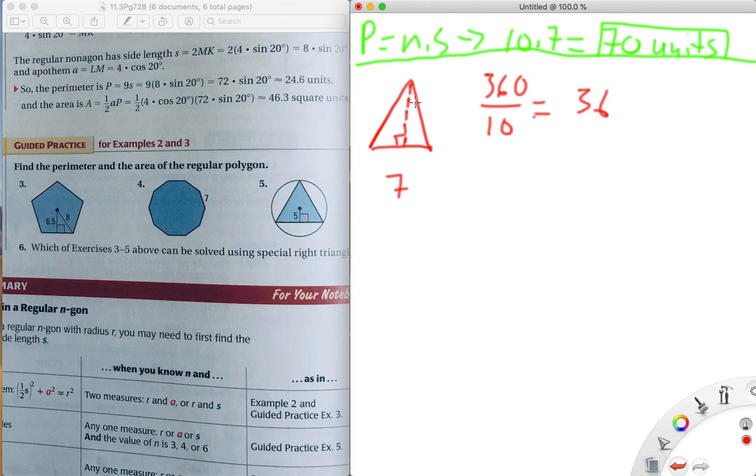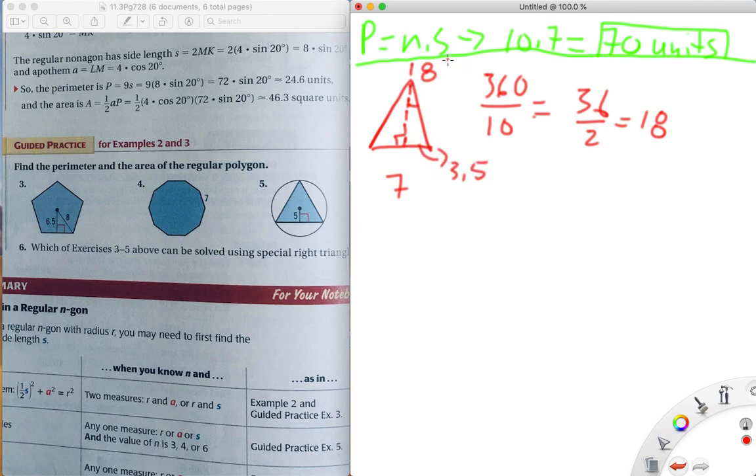Alright, so I'm going to divide this in half, so this is going to be 18. So now I have an 18 right here. I'm going to cut this 7 in half because I know this is a bisector, so this is going to be 3.5.